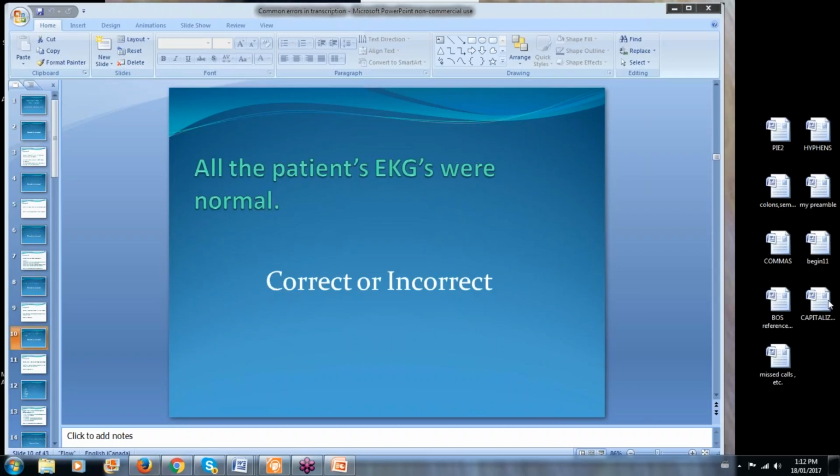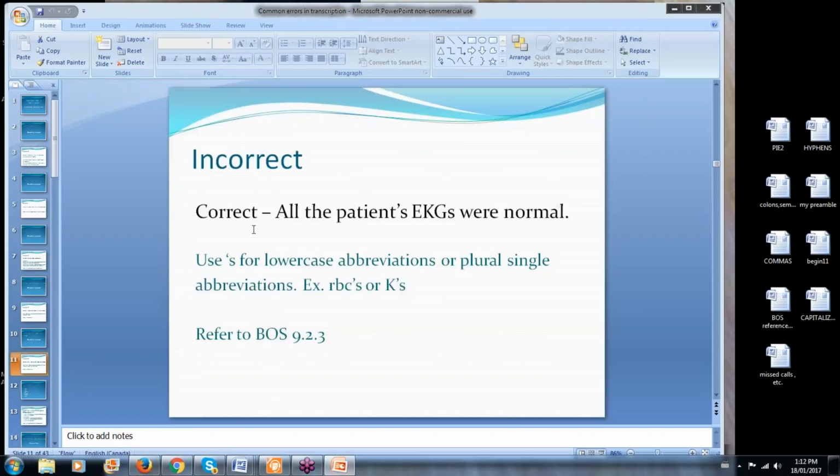You're kidding, it says all entire audience. Incorrect. Well, it looks like all of you have it right by the looks of things. So that's great. That's right, it's incorrect. The correct way would be all the patients' EKGs were normal.